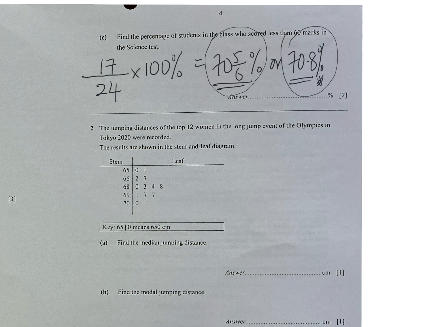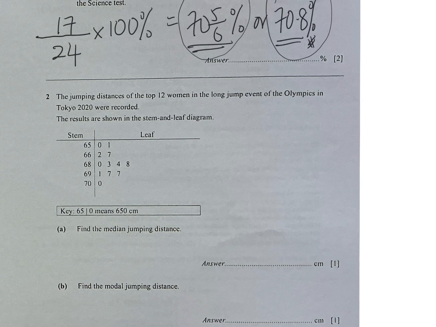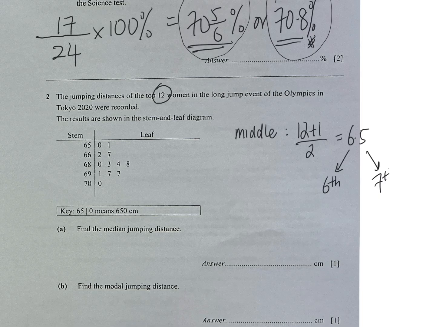Okay, I have a top 12 women in a long jump event. Their results are stated in the stem and leaf. Find the median data. So if there's 12 of them, the middle position is 12 plus 1 divided by 2. So it's 6.5. Go and locate your 6th person and your 7th.